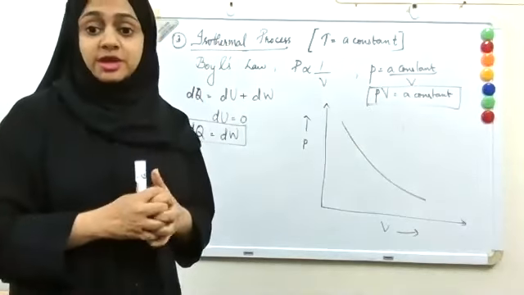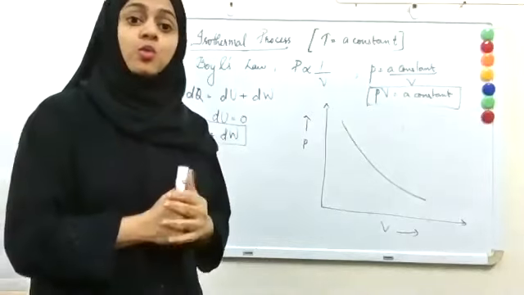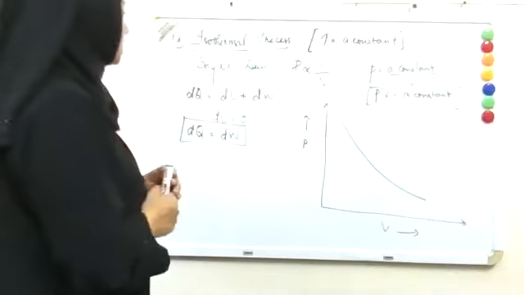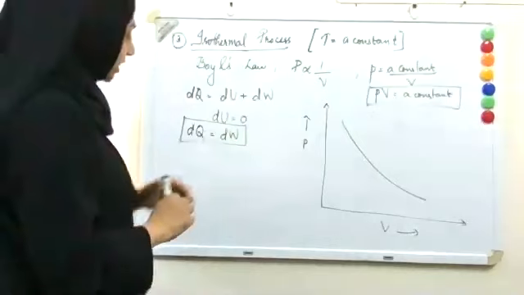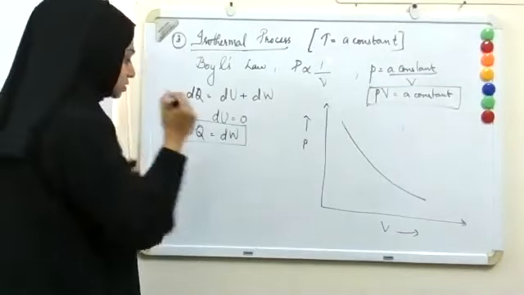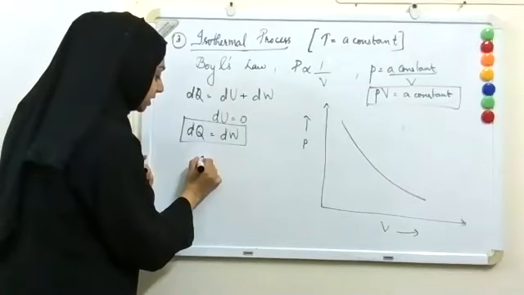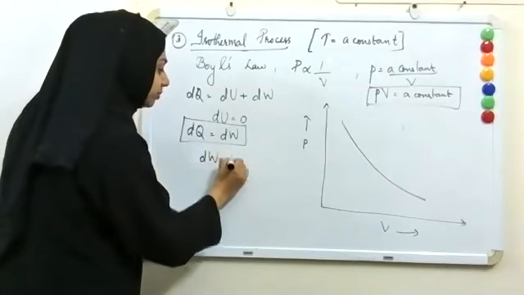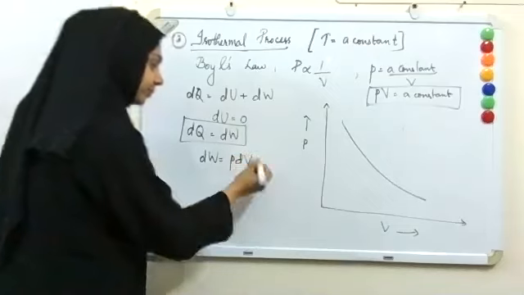Let us also derive an expression to show what is the work done in an isothermal process. For that, see, both P and V are changing, right? So we know that the work done, delta W is equal to P dV.